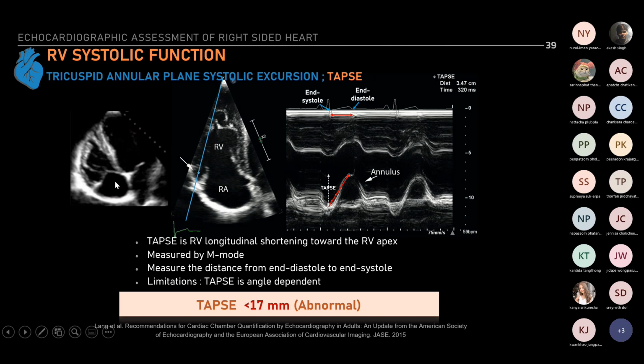TAPSE is measured from the apical four chambers or RV focus view with the M-mode cursor placed parallel to the RV free wall and passing through the lateral tricuspid annulus.